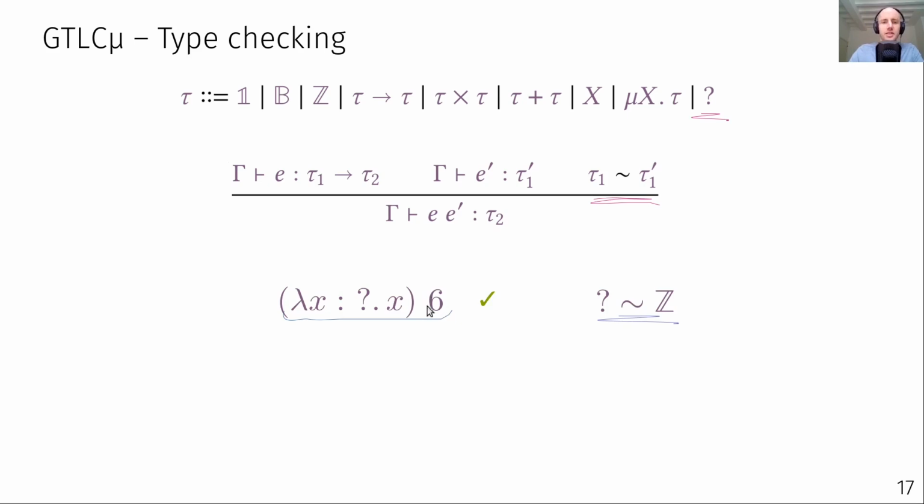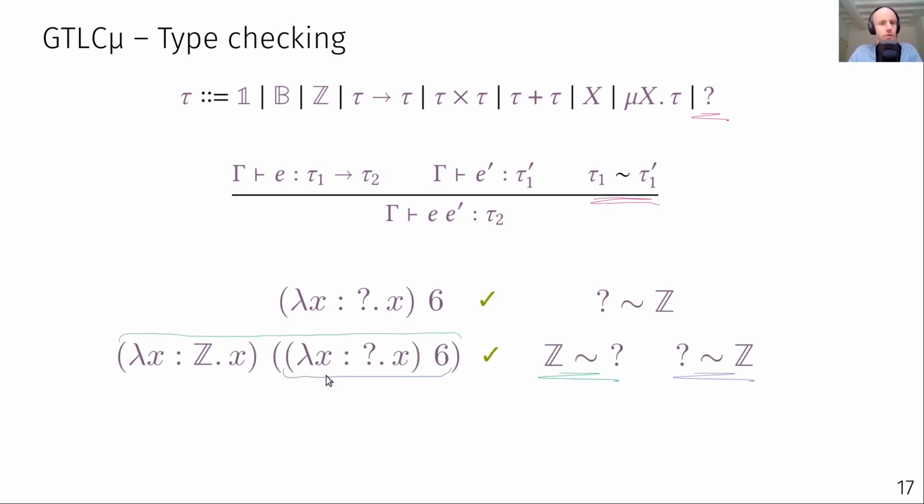We can apply 6 to an identity function typed at the unknown, because indeed unknown is consistent with z. We can extend this example a bit: you can apply this thing at type unknown to an identity function of type z. Indeed, z is also consistent with unknown.